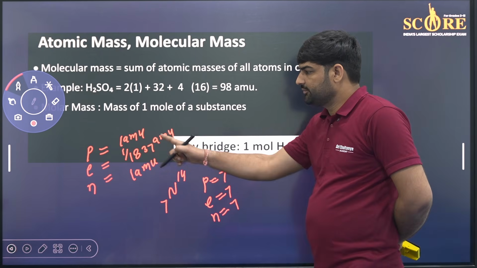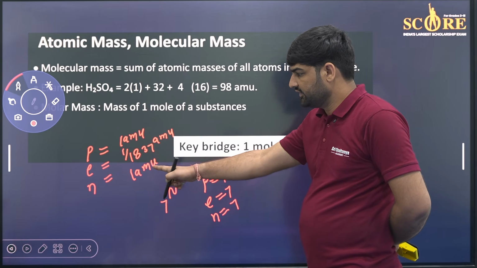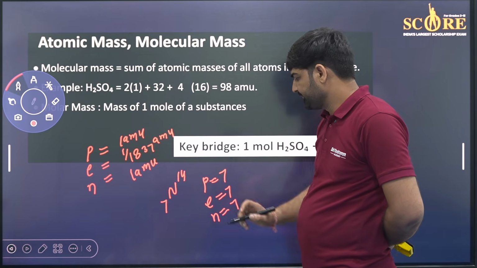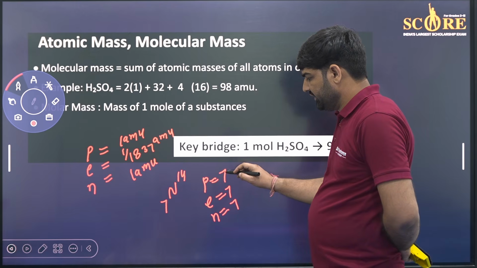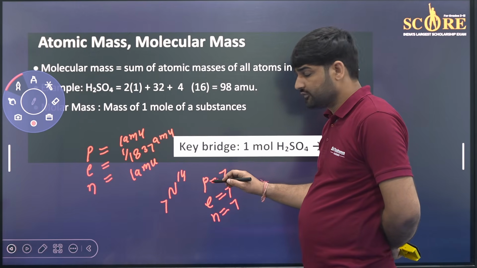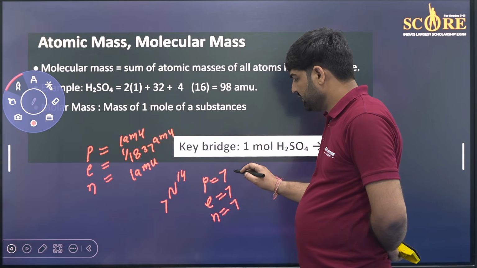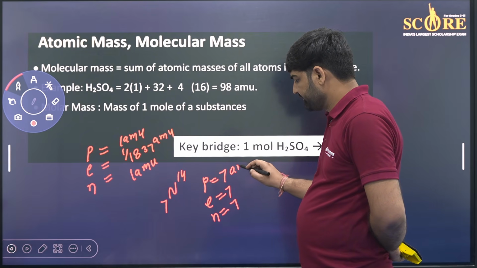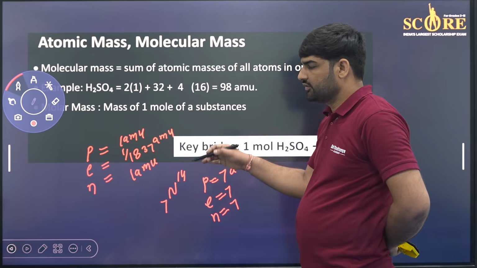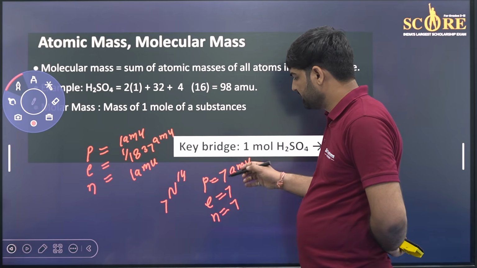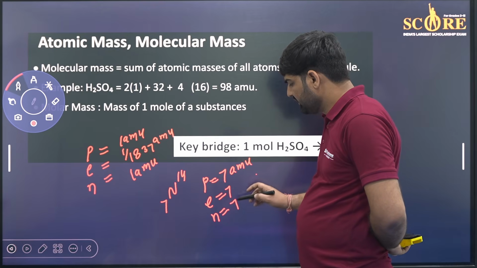We know the mass of a proton is 1 amu, the mass of a neutron is 1 amu, and the mass of an electron is this. If we calculate the mass of the entire 7 protons, that will be 7 amu, because 1 proton has a mass of 1 amu, then 7 protons have a mass of 7 amu.